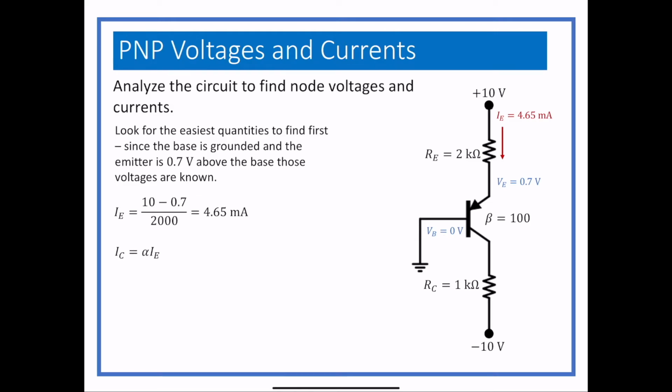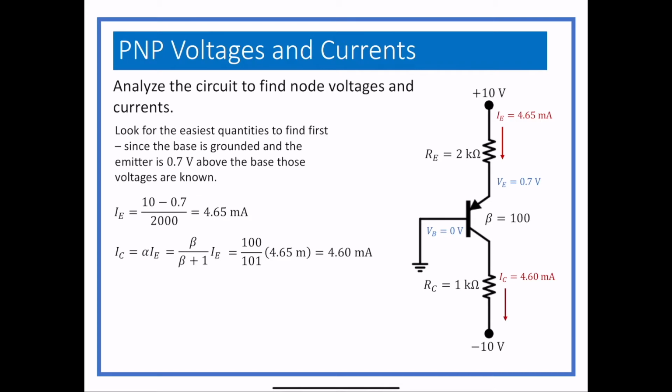So we can just find IC using alpha IE. Alpha is equal to beta over beta plus 1. Your IC should always be less than IE, obviously, which it is, just slightly.